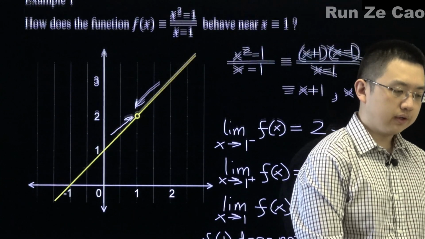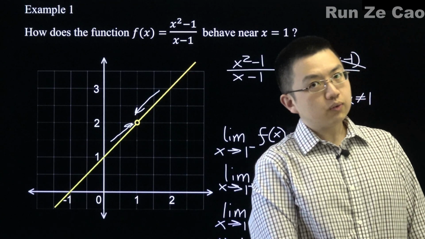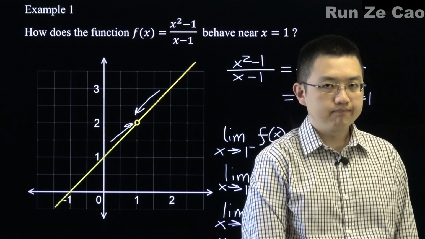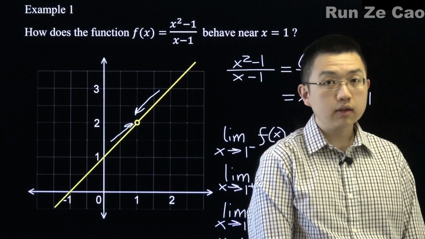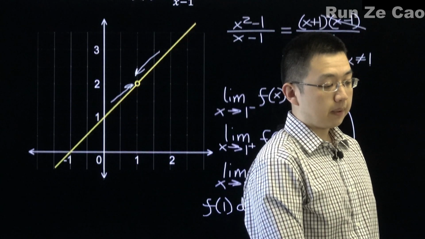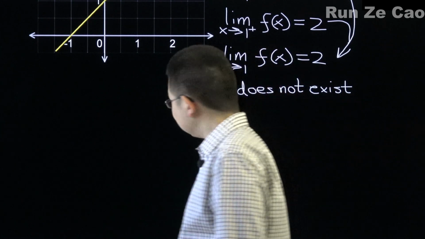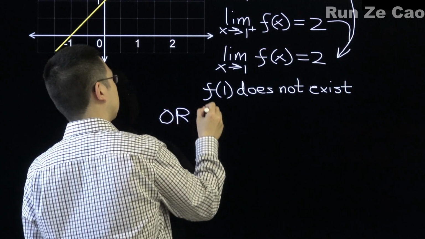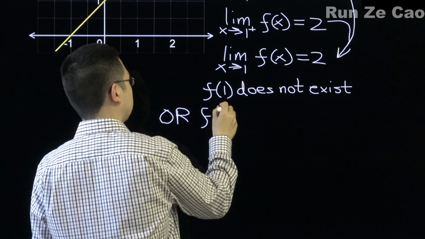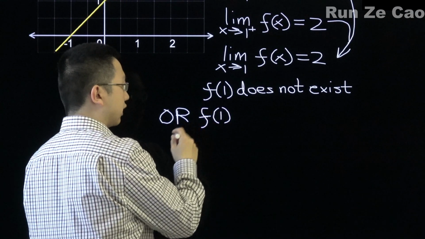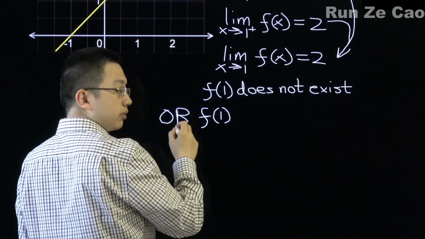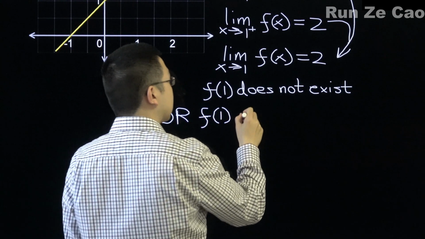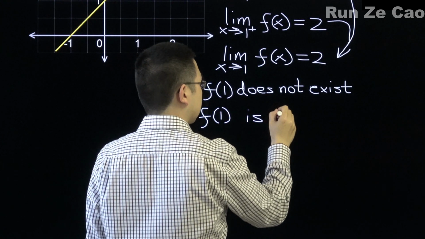Or, what else can we write for it? What's 1 squared minus 1? 0. And 1 minus 1 is 0. So it's 0 divided by 0, which, more technically speaking, should probably be written as f of 1 is indeterminate.